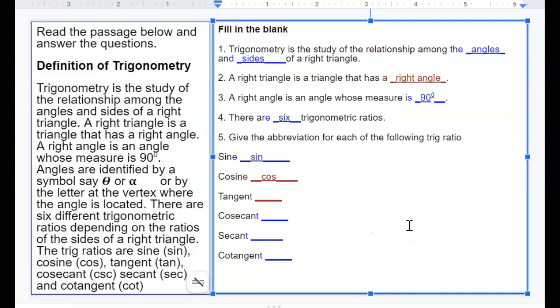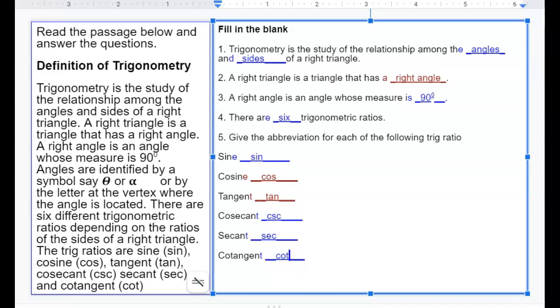Tangent is abbreviated TAN, which is tan. Cosecant is abbreviated CSC. Secant is abbreviated SEC, which I'll say sec. And cotangent is abbreviated COT, which is cot. So go ahead and pause the video at this point and take down your notes.